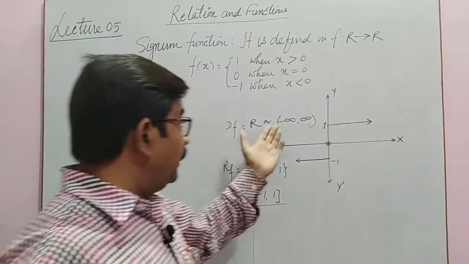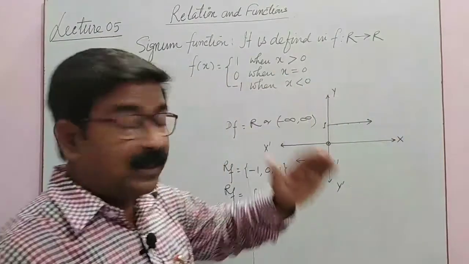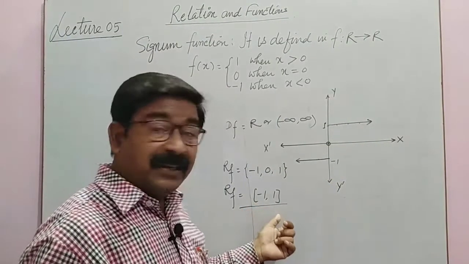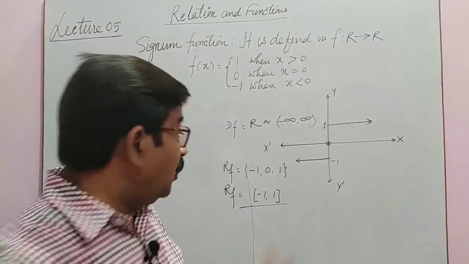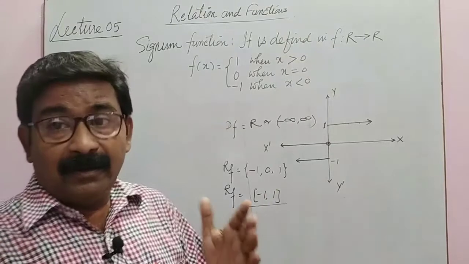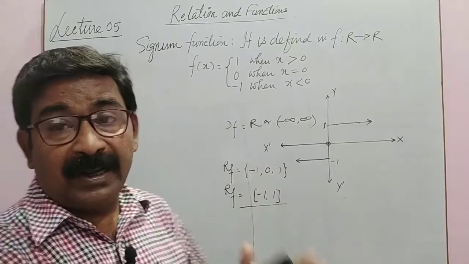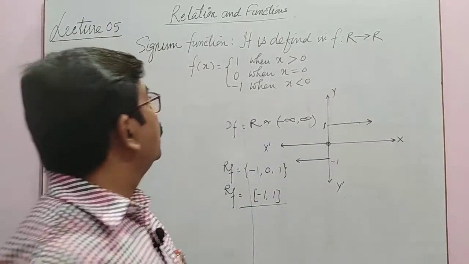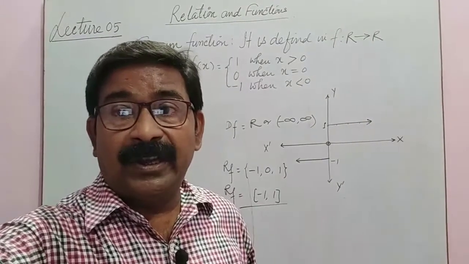So the domain of this kind of function is minus infinity to plus infinity, or all real numbers, and the range is minus 1 to plus 1, where both are included, or you can write minus 1, 0 and 1. But the range is written in this form, meaning extremes, first number and last number. So this is how we can find the domain and range of the signum function. Is it okay?